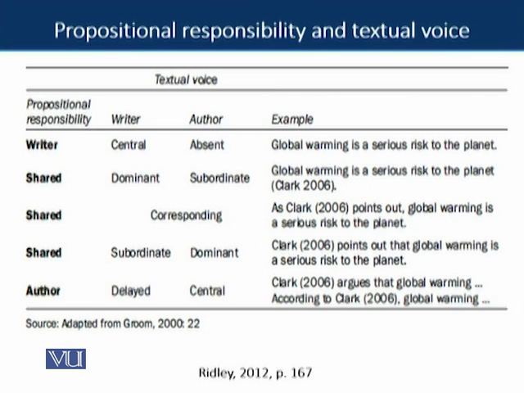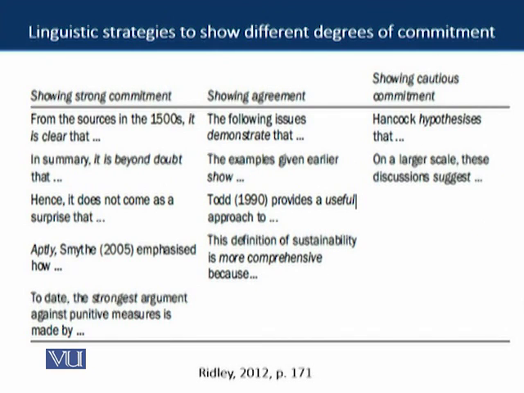Let me give you one more example of the selection of words, right? In this example, the linguistic strategies are shown with different degrees of commitment, okay? There is a column, the first column, showing strong commitment. For example, from the sources in the 1500s, it is clear that, right?